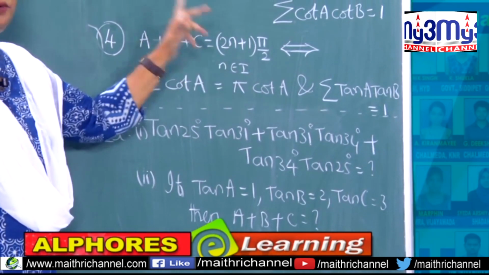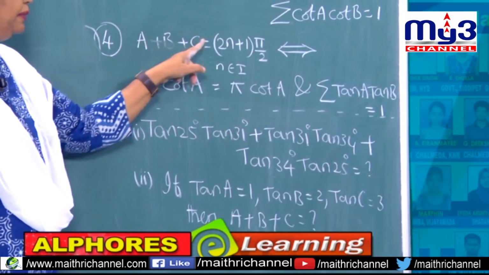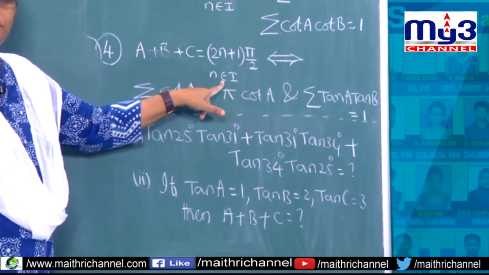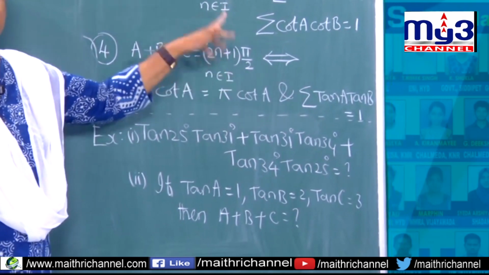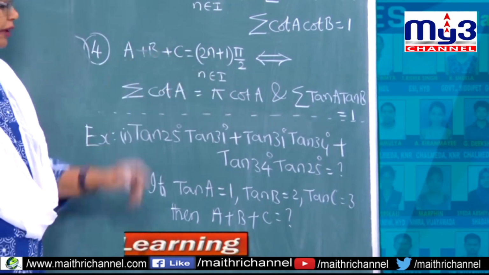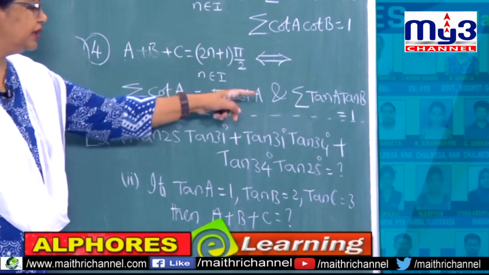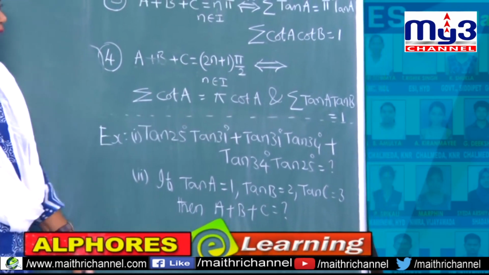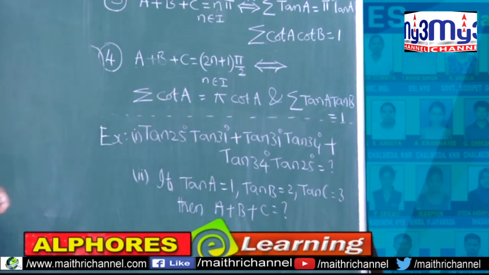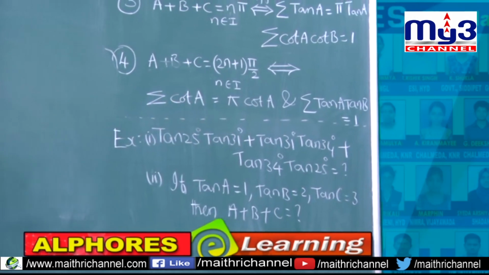Therefore what we have to write is, when A plus B plus C equals (2n plus 1) pi by 2, if I substitute n as 0, an integer, then you will get pi by 2. So once A plus B plus C equals pi by 2, what is our result? Sigma tan A tan B is 1. And hence what is the entire answer? Just 1. Understand? That means what should be our observation?